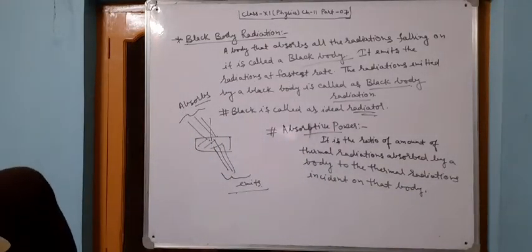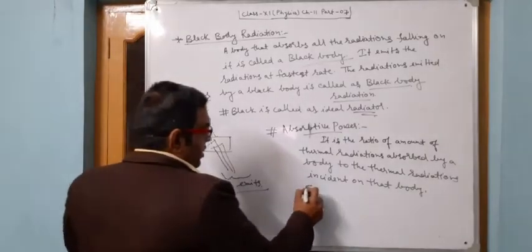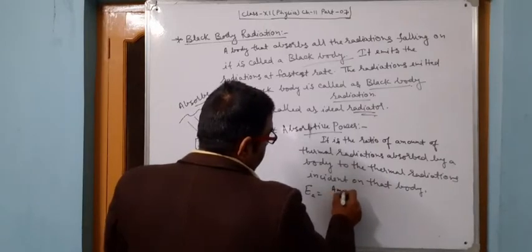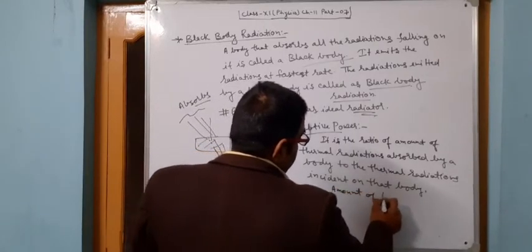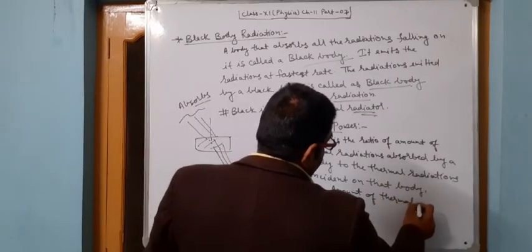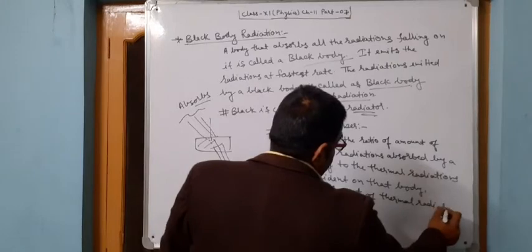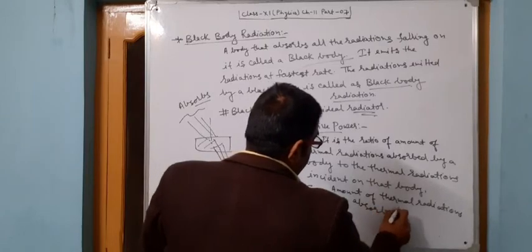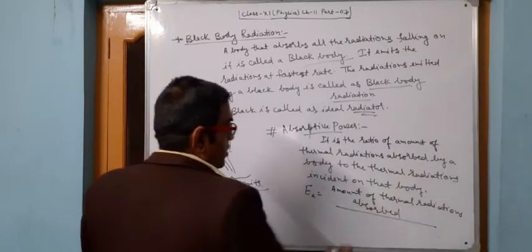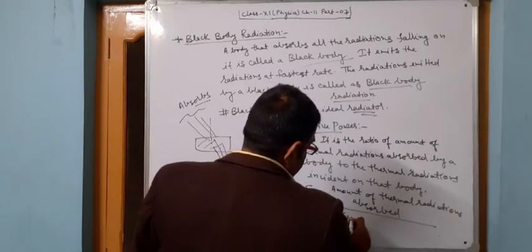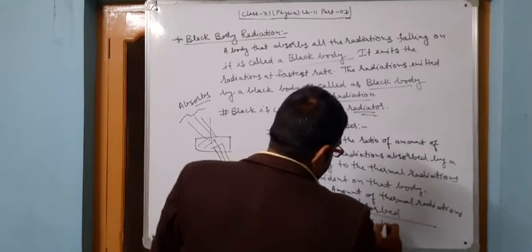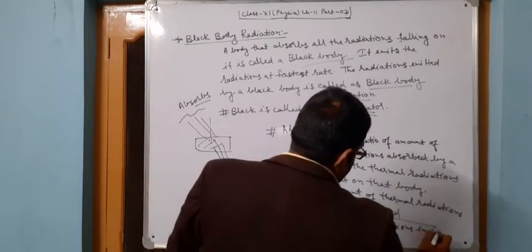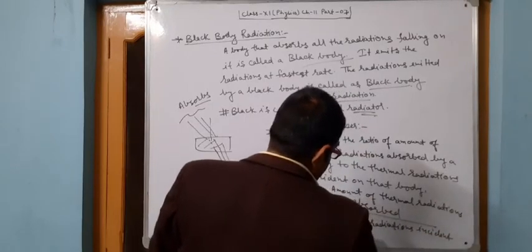And absorptive power can be noted as EA, and it is the ratio of amount of thermal radiations absorbed to the thermal radiations incident on that body.